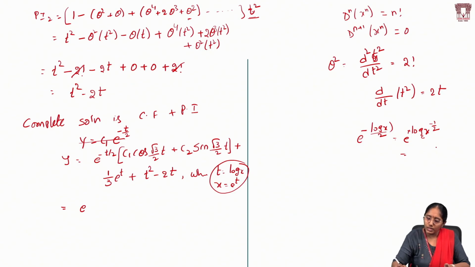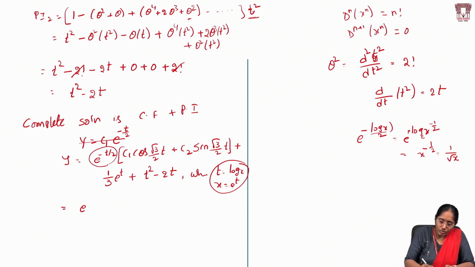Which is nothing but x power minus 1 by 2, or it is 1 by root x. So now you replace this value with 1 by root x.